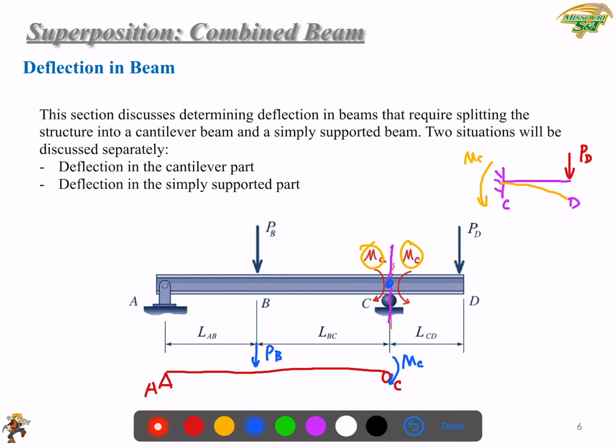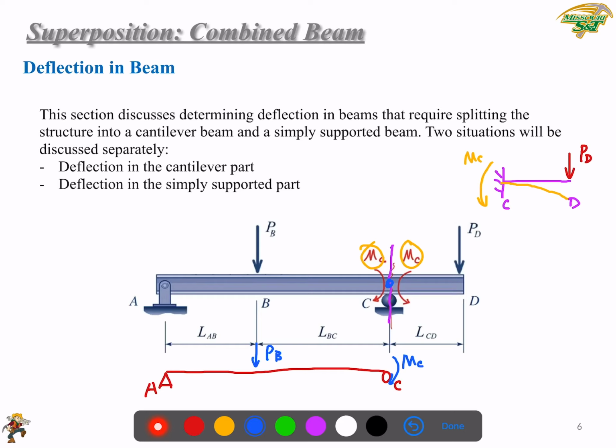So PB and MC will not be able to bend section CD, because at point D it is not restrained. So it will not be bent. But as CD is connected to AC at point C, it will be rotated. This section CD will be rotated in some way.